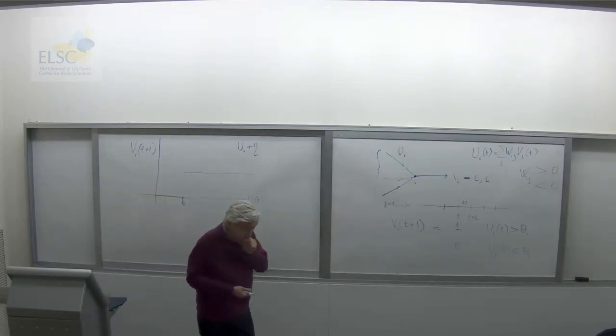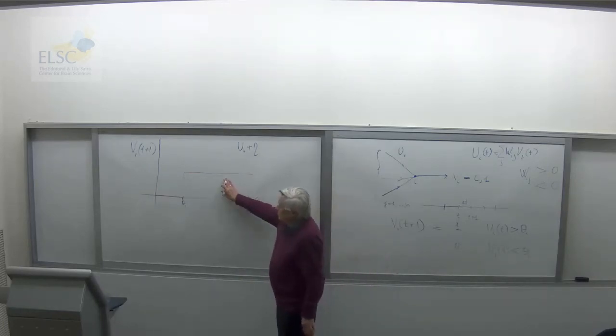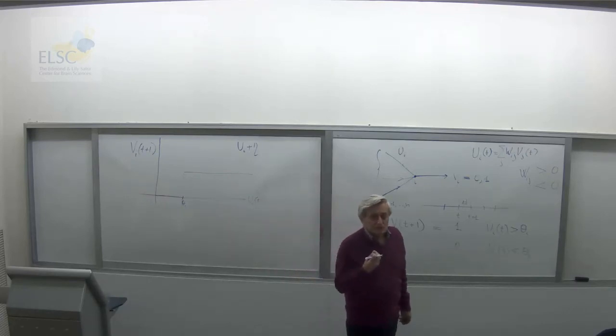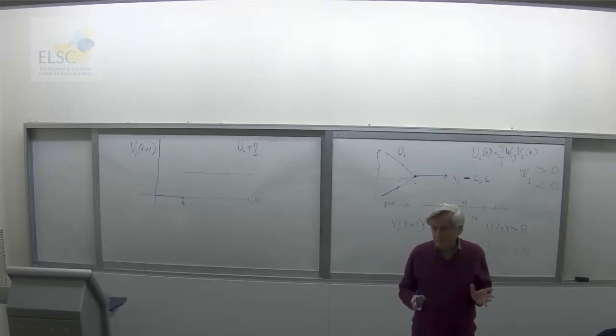And now we should modify the interpretation of this diagram, because what we can talk about now is only the probability, the probability that the neuron i will fire or will be active at time t plus 1.